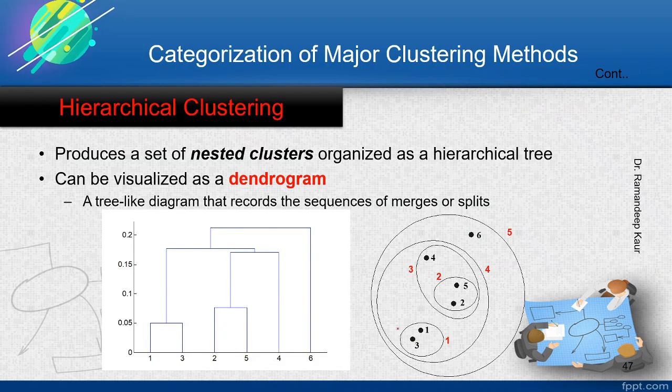The next method under clustering is hierarchical clustering. Now here we are talking about nested clustering. That means one cluster within a cluster within a cluster. For example, at the top, if I look at the geographical conditions, then let's say India is a big cluster comprising all the states.